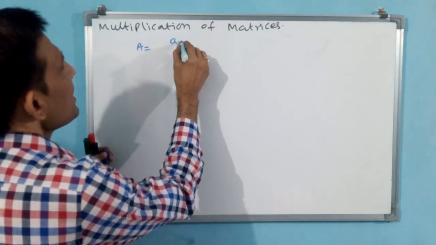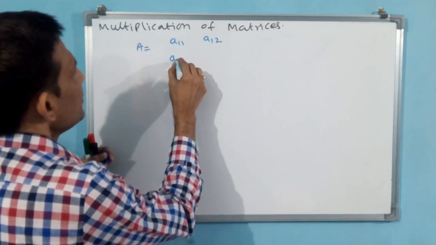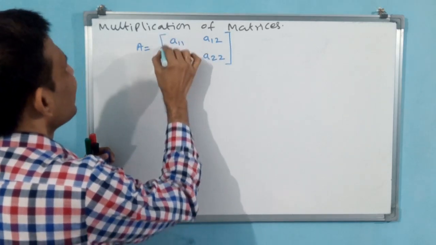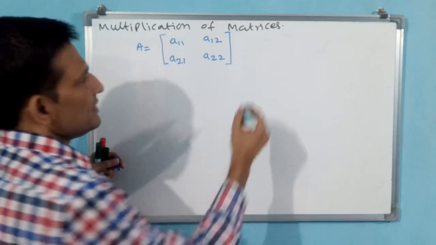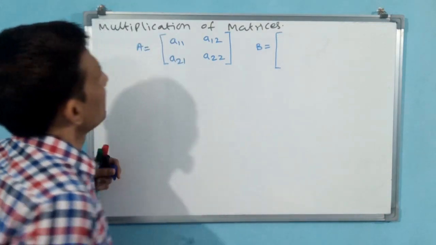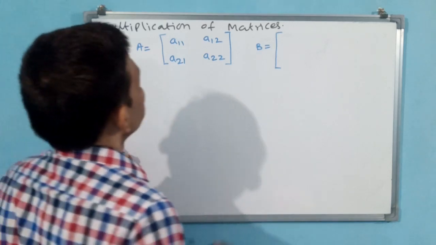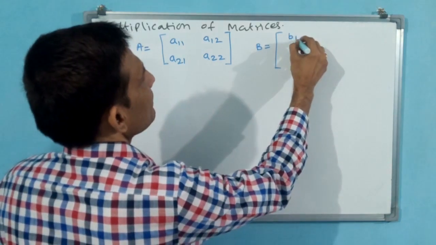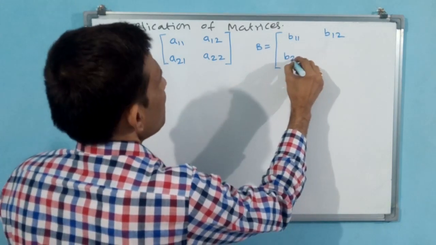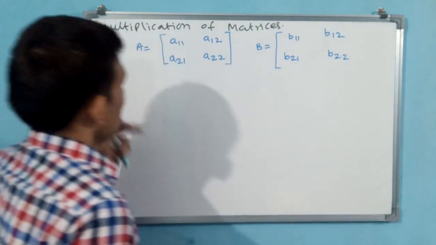Let A is equal to A11, A12, A21, A22. Okay? This is A. B is equal to B11, B12, B21, B22.